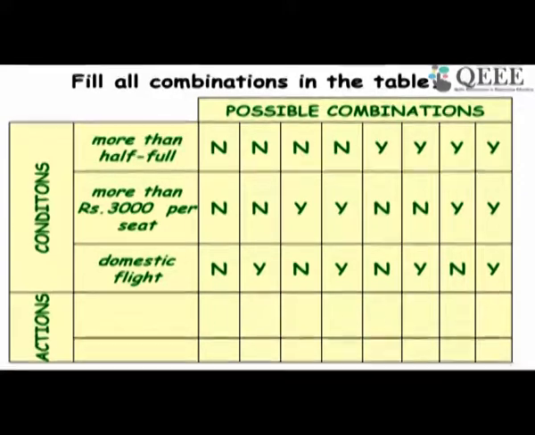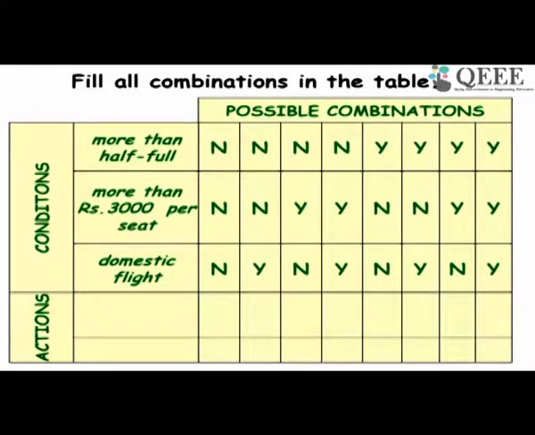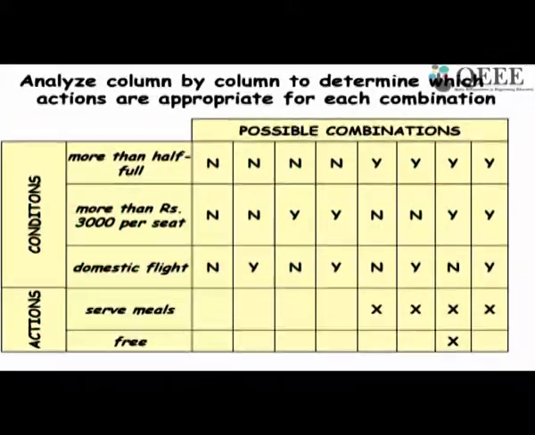So we have 8 combinations. So that many test cases trivially. But then let's see, can we do better? Once we write down the actions, we can try to optimize the number of test cases.